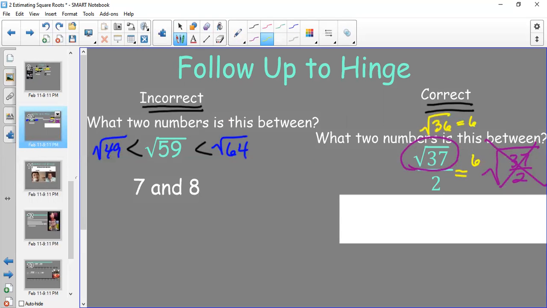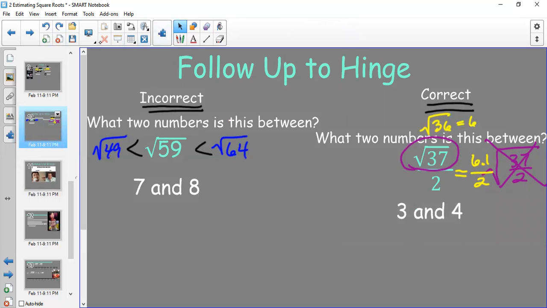So this is probably like 6.0 or 6.1. And if I divided that by 2, I know that this would be close to 3, but just a little bit above it. So the two numbers it's in between are 3 and 4. That was a really tough question.